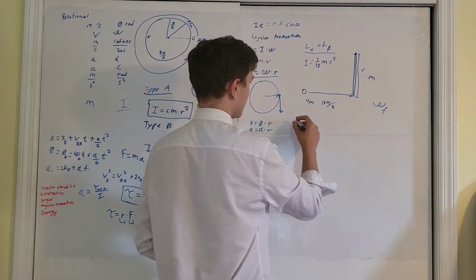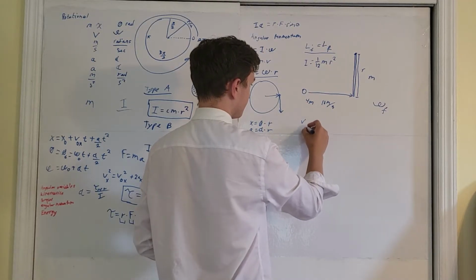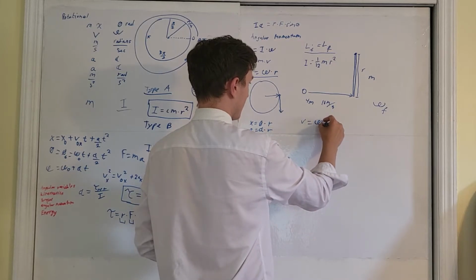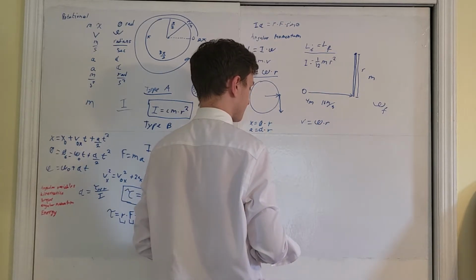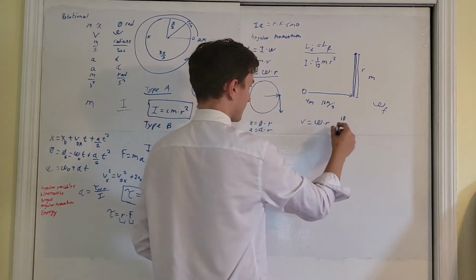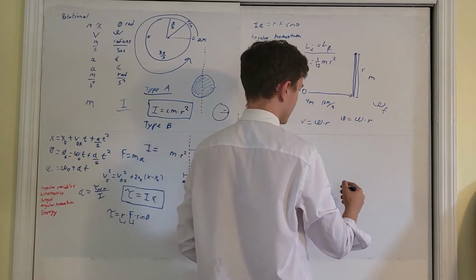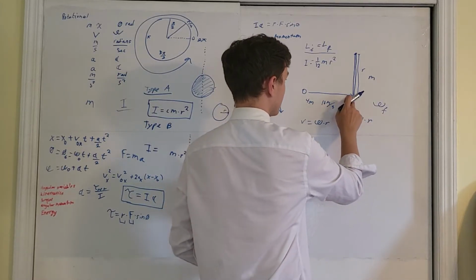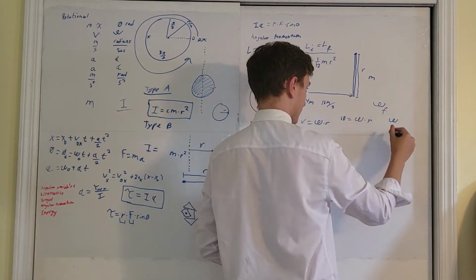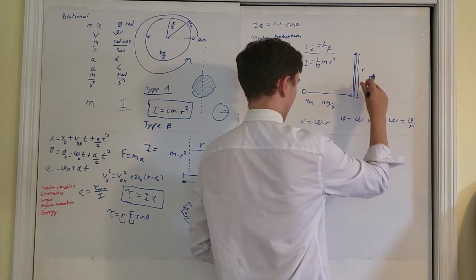We can say that the particle's linear velocity v equals the particle's angular velocity omega times its radius. Okay, we're going to say 10 linear velocity equals the particle's angular velocity times radius. Therefore, the moment before it collides with the rod, the angular velocity of the particle equals 10 over r.